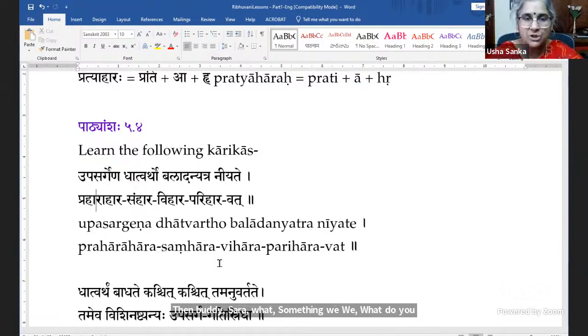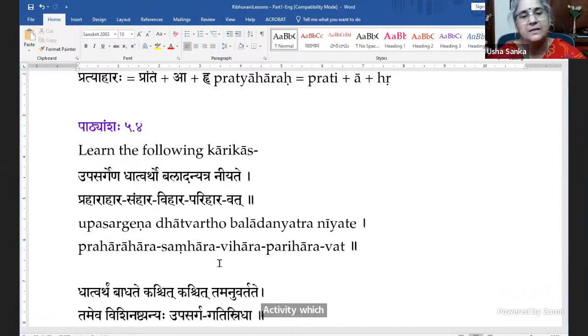Yes, as a punishment we pay something, or we have done something wrong, so we pay the capital punishment. So that is called parihara. So they do some parihara, or some graha has gone wrong, so they do some activity which corrects that graha's position. That is called parihara.